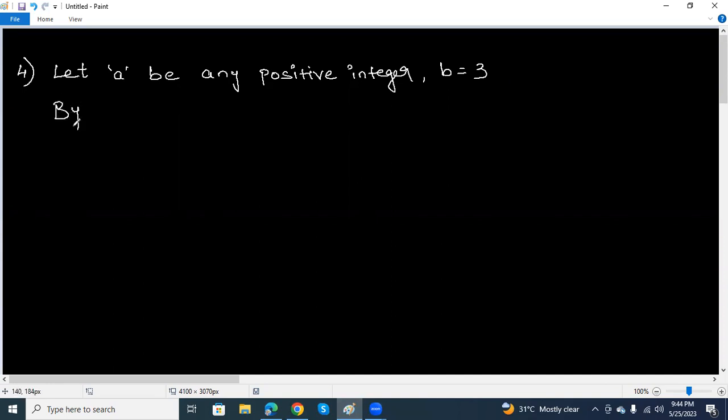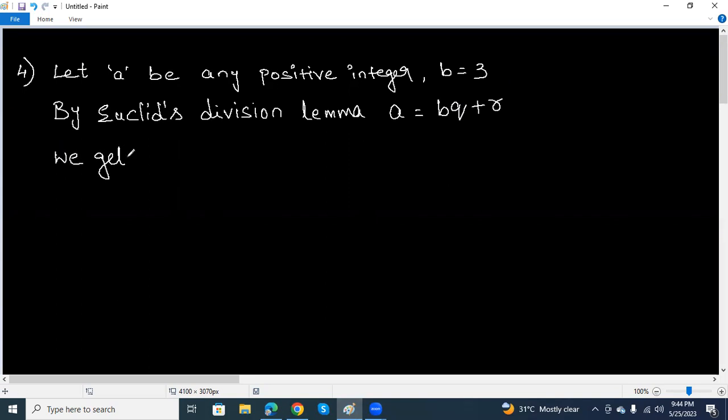By the division algorithm or Euclid's division lemma, a is equal to bq plus r. We get a is equal to 3q plus r.